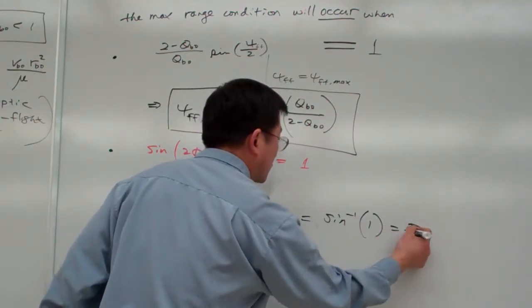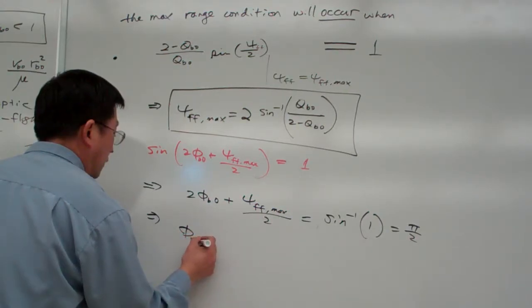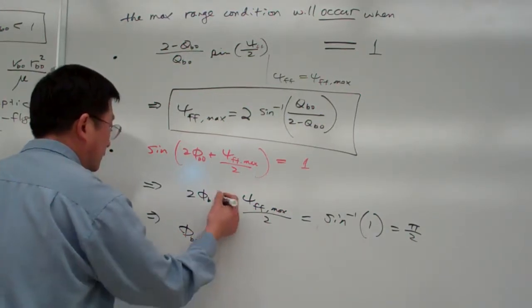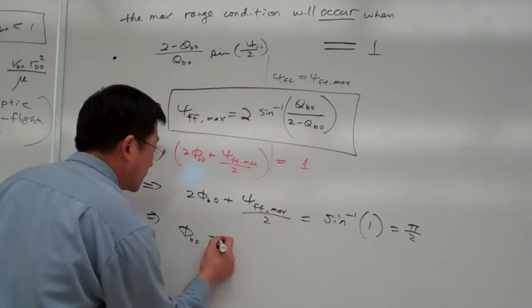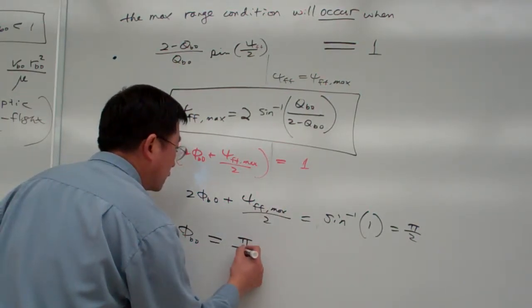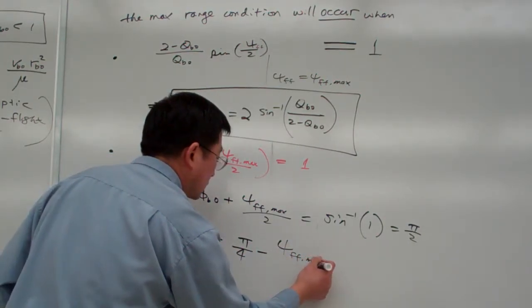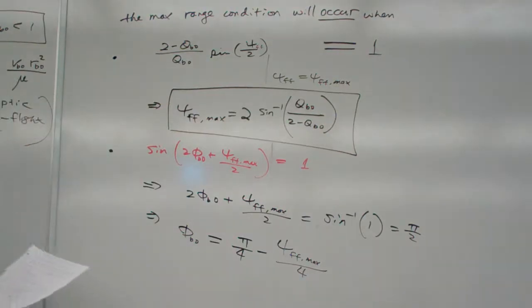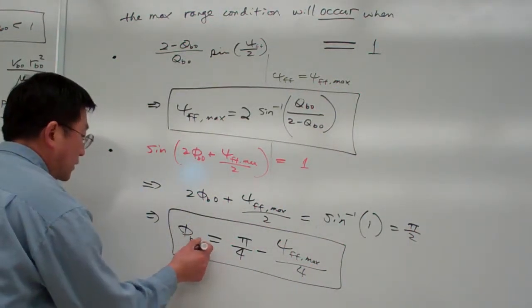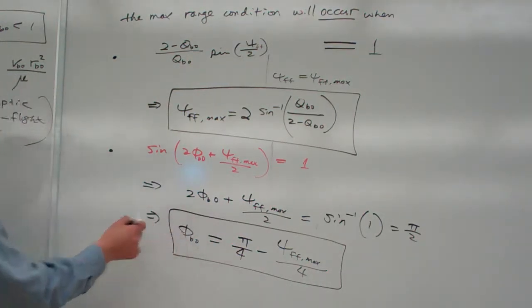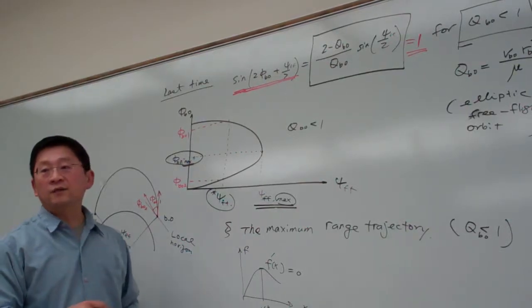Basically, this is pi over 2. Therefore VBO equals pi over 4 minus V maximum divided by 4. This number is the corresponding flight path angle.